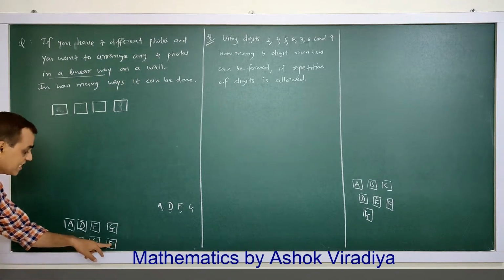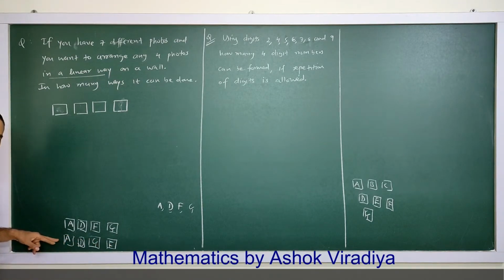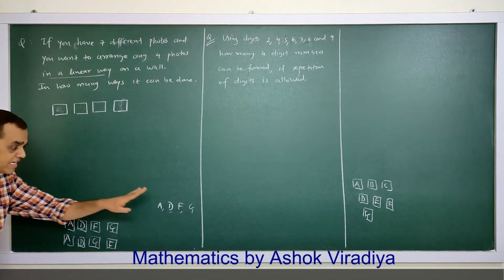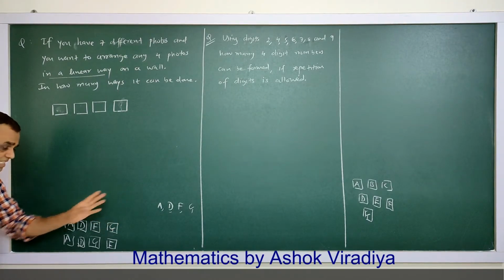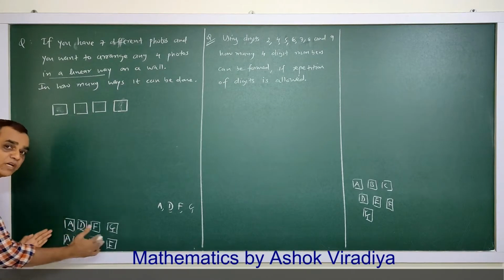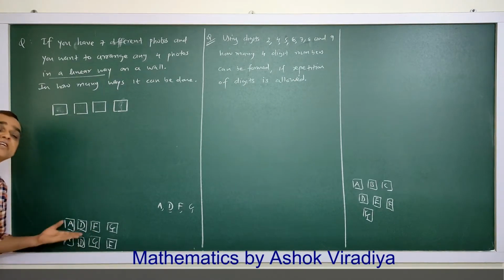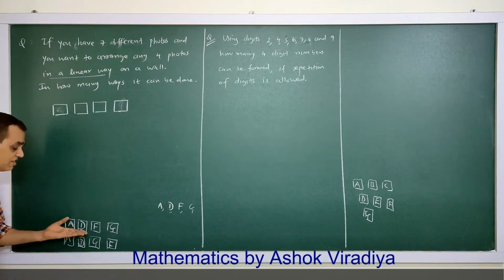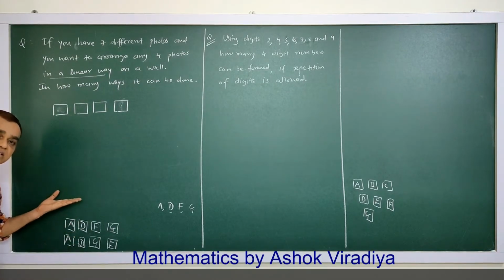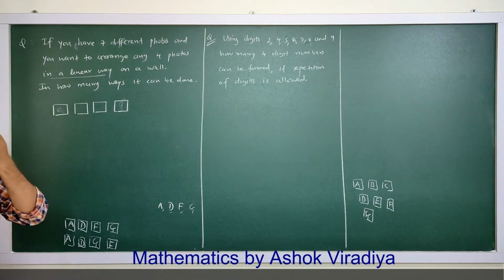So this is a second arrangement. So selecting any 4, these 4 pictures or objects can be arranged in many ways. These all are different arrangements. So such different arrangements are permutations.